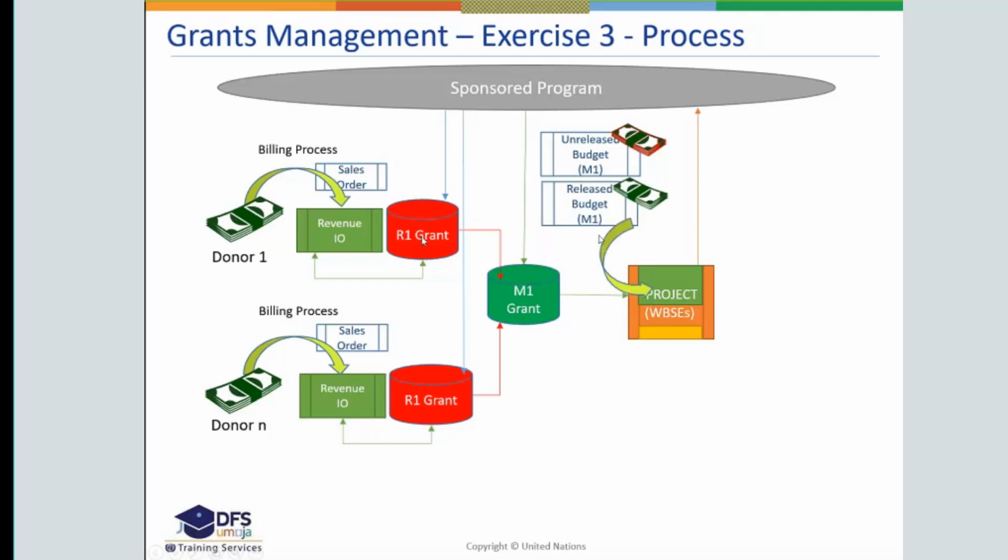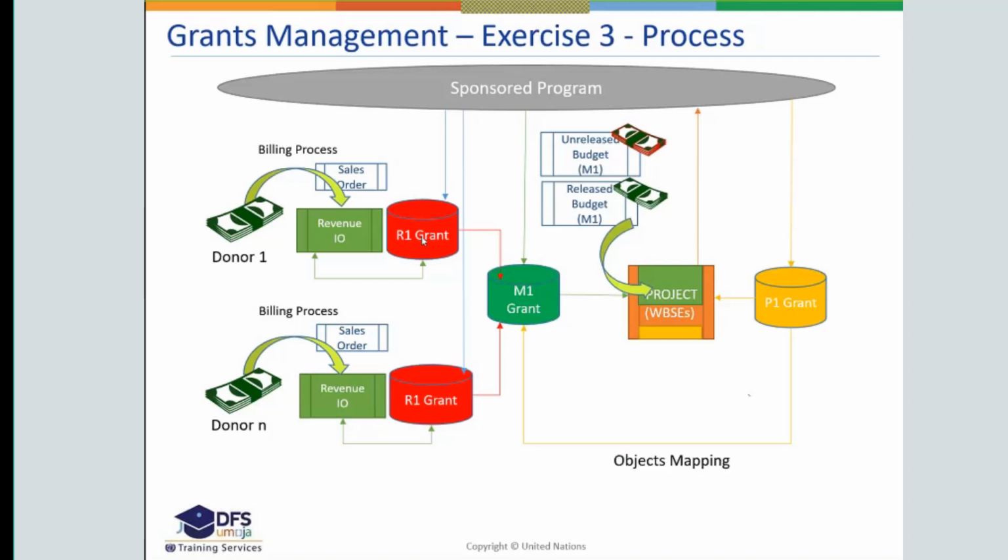We will release the budget in this specific green part, and we will then create a P grant or pass-through grant that will be the one related to our implementing partner, or the part of this project that we are going to give to an NGO or to a different agency to take care of. So this P grant will be linked as well to the expenditures or the cost object related to expenditures, and linked as well to our M grant.